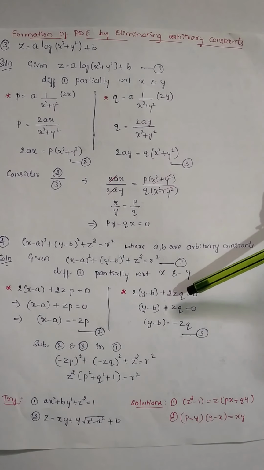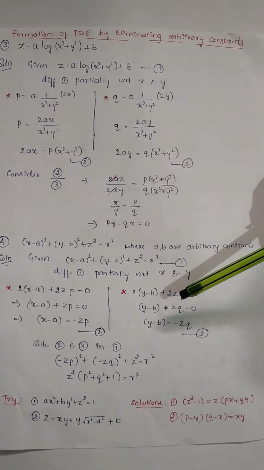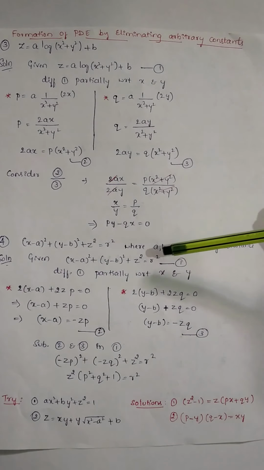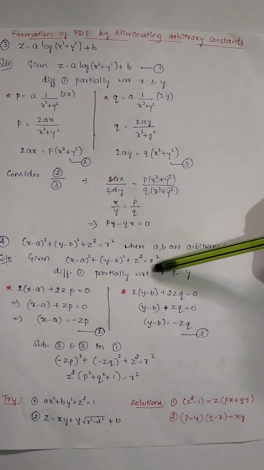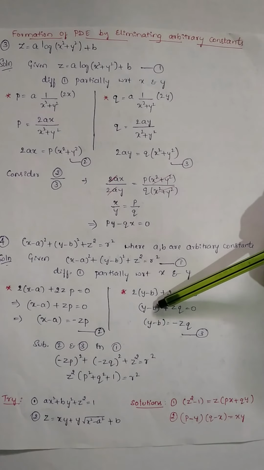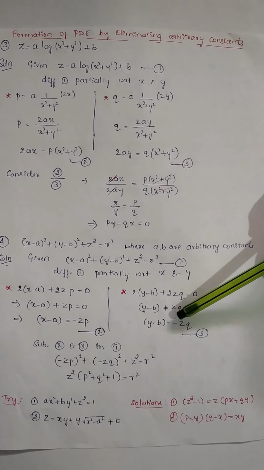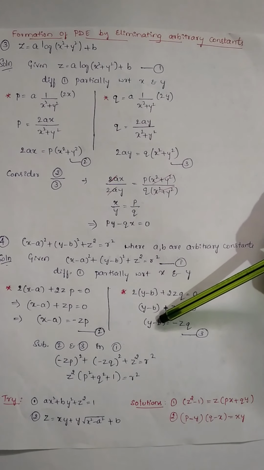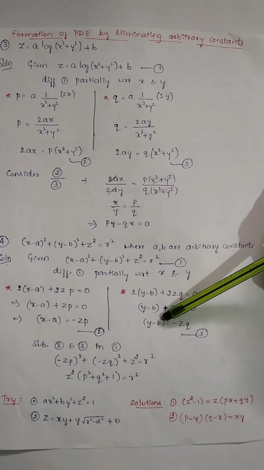Del z by del y is written as q, is equal to r square, so differentiation of the constant is 0. On simplification, y minus b is equal to minus zq. Again you got a substitution for the term which contains one more arbitrary constant, y minus b.